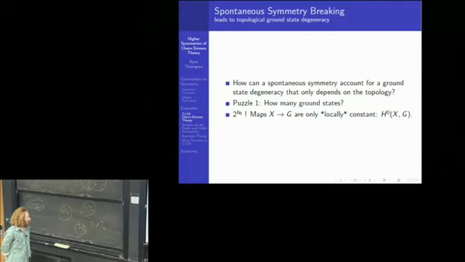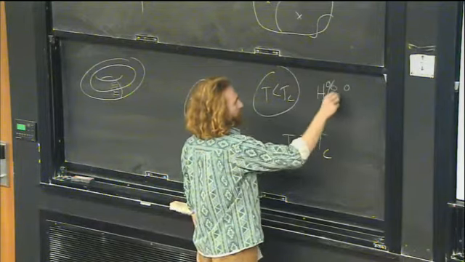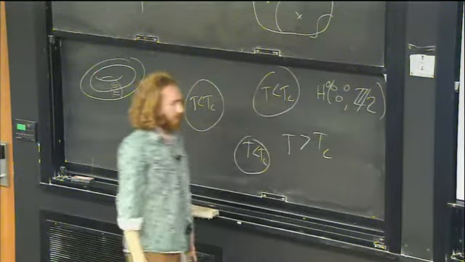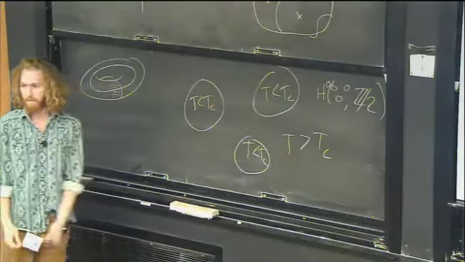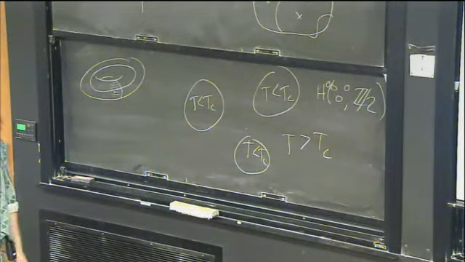Okay, and another way of writing this, the space of these ground states, is to say it's H^0 of these 3 blobs with coefficients in Z2, our symmetry group. H^0 is just your set of locally constant maps.